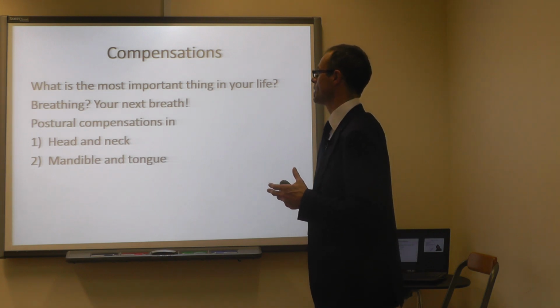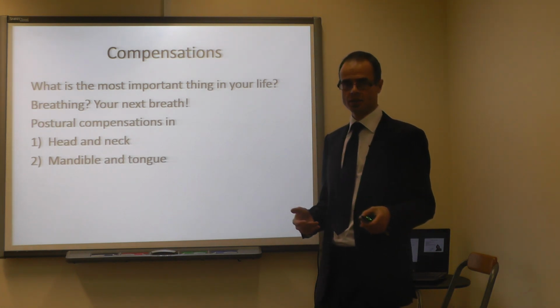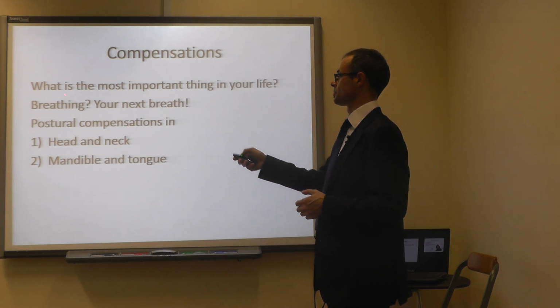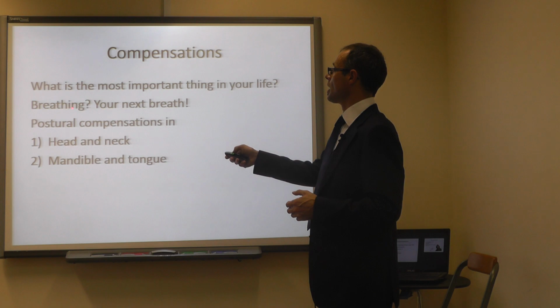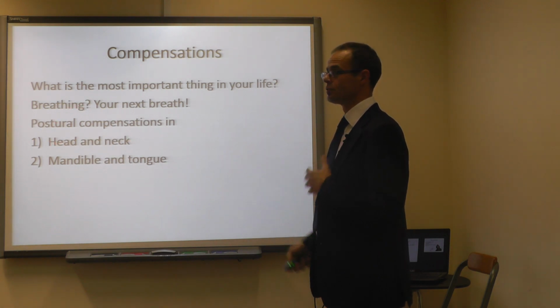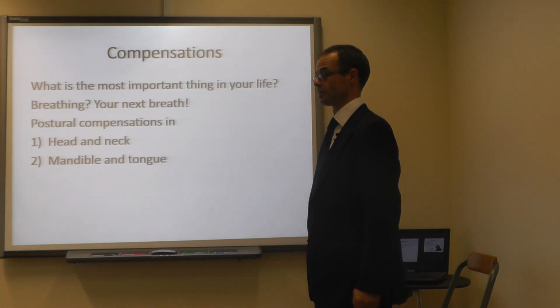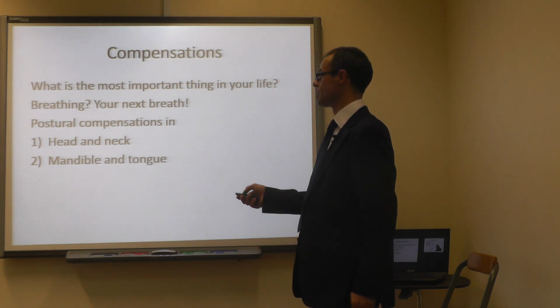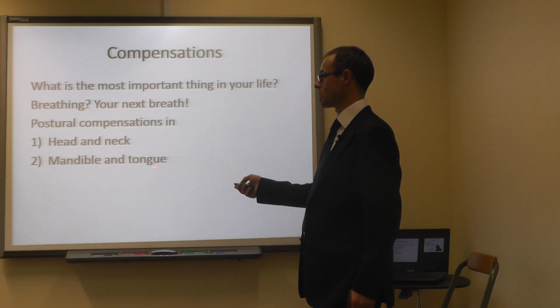Now, I mentioned we can make some compensations to correct for this airway. The compensations we make is you can either move your head and neck to create space, or you can reposition your mandible and tongue.